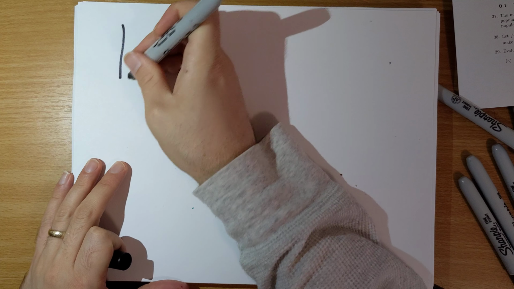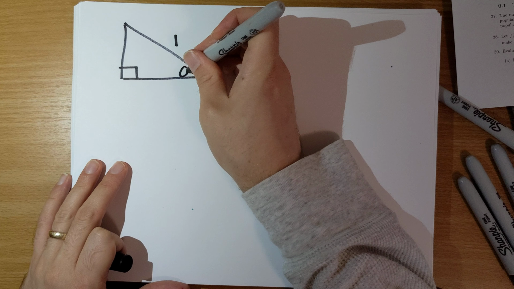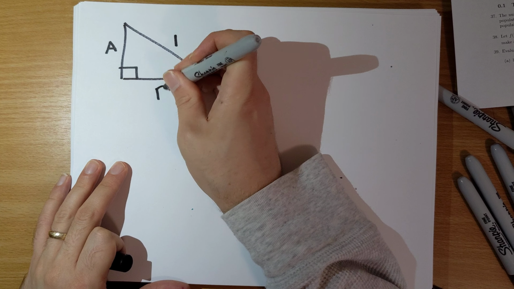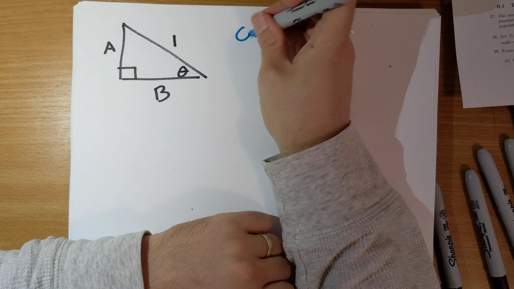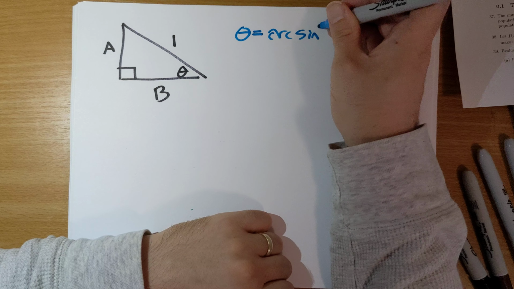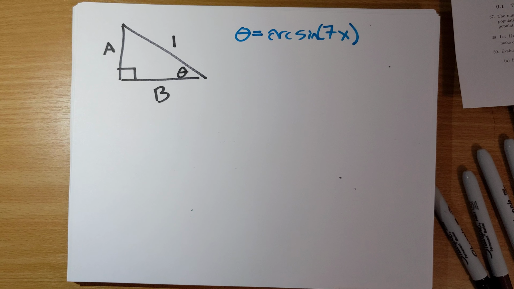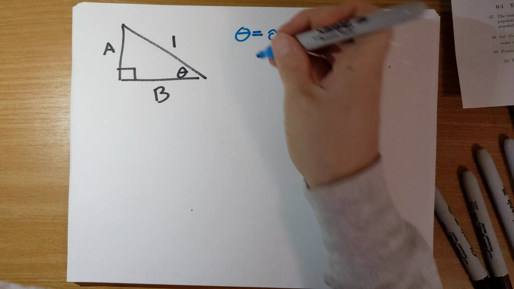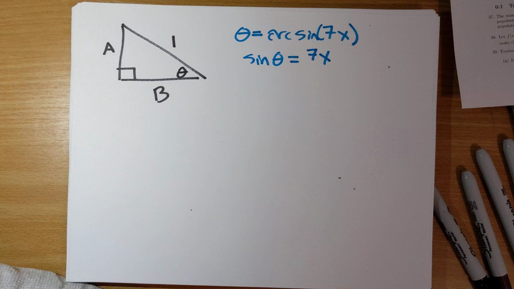For problem 15, we have this given triangle here, and we are told that theta is defined to be the arcsine of 7x, which means that sine theta is equal to 7x.